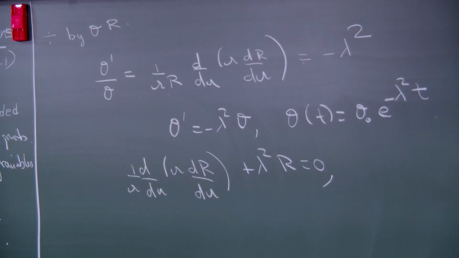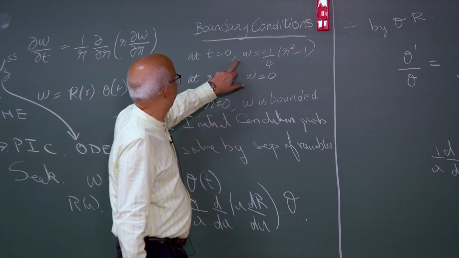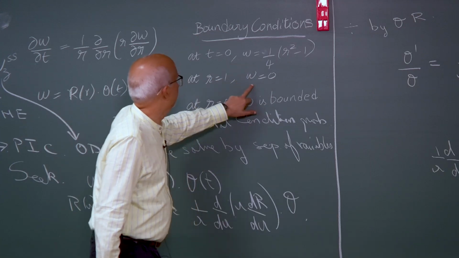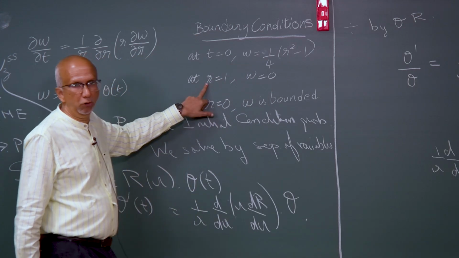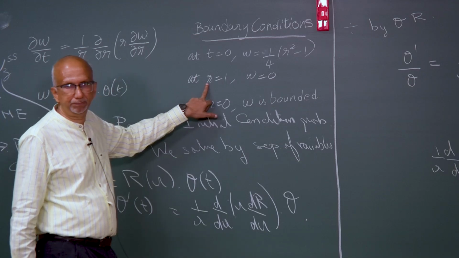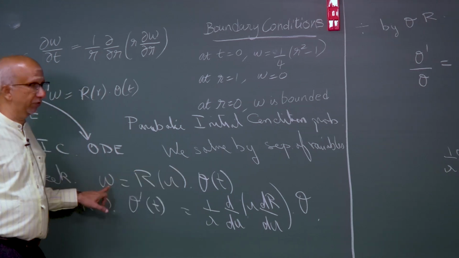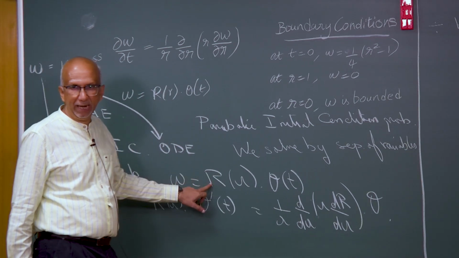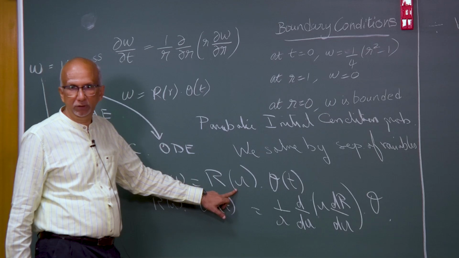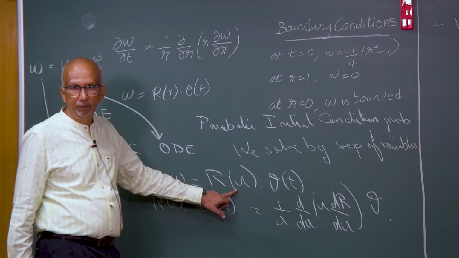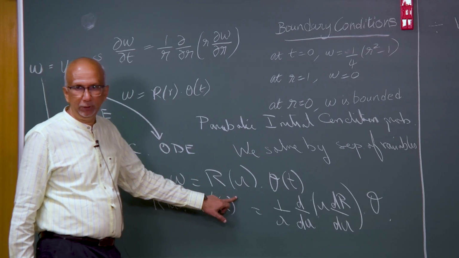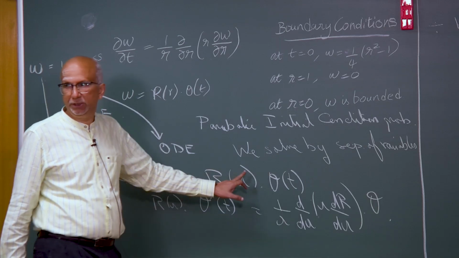Now, what I want to do is recognize that W has to be 0 at r equal to 1, and W is defined like this. So if W is 0 at r equal to 1, that means capital R at r equal to 1 must be 0. Only then will W be 0 at r equal to 1.